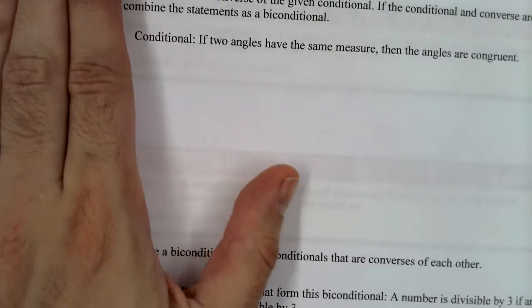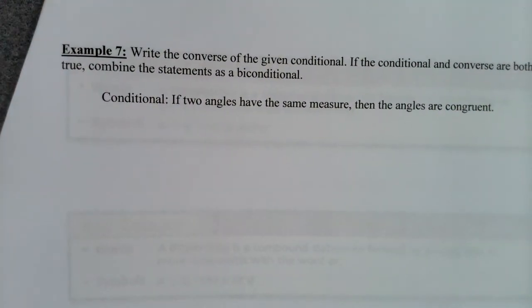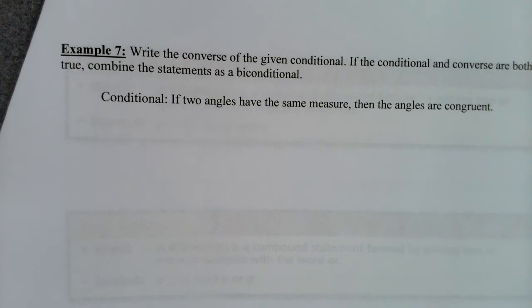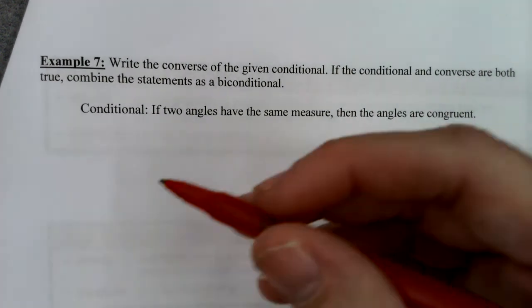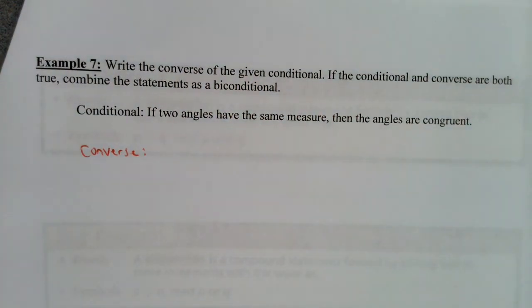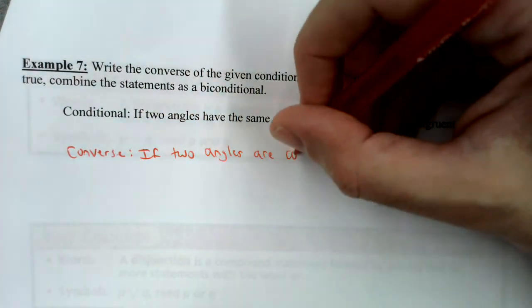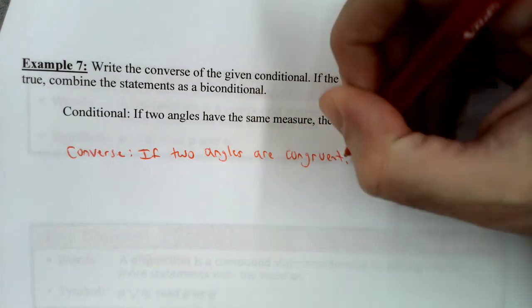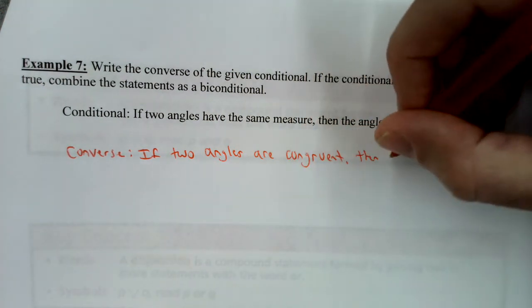Right, so let's do a couple examples on that. Write the converse of each conditional. If the conditional and its converse are both true, you can combine them as a biconditional. Conditional: if two angles have the same angle measure, then they are congruent. That's true. Let's write the converse. The converse is: if two angles are congruent, then they have the same measure.